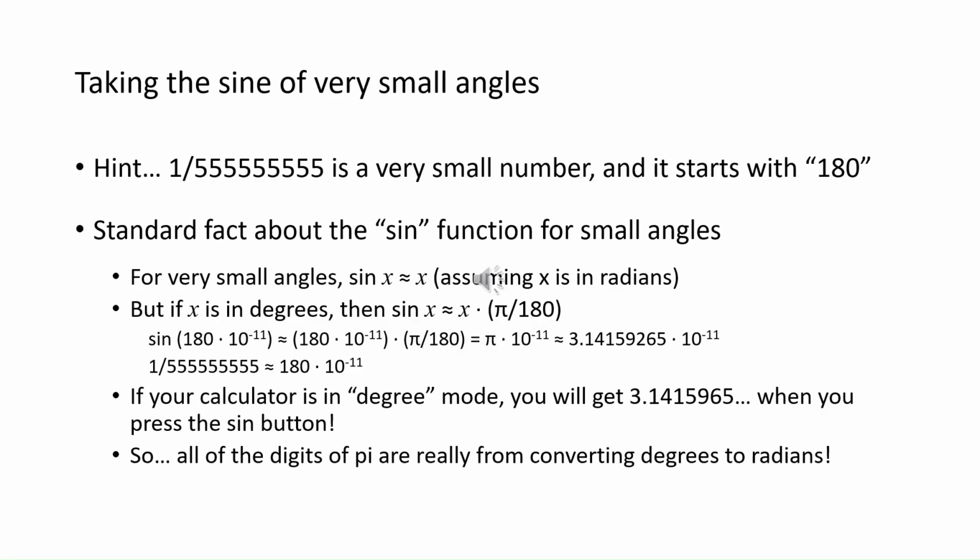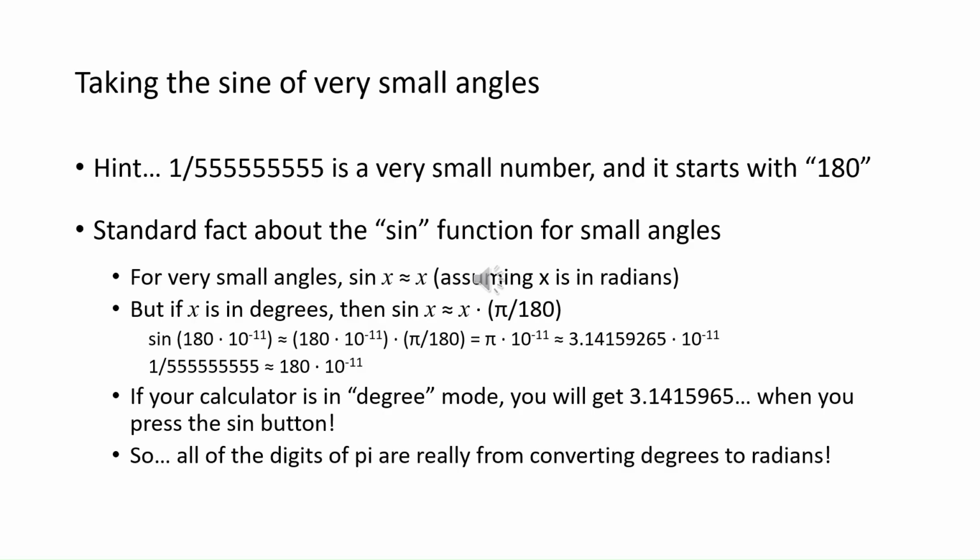But the mathematical answer has to do with the fact that 1 divided by a whole string of 5s is a number that's very small. Sine of a very small number is basically the same number, except it's got to be in radians. If you're talking about degrees, then you have to multiply that number by pi over 180.